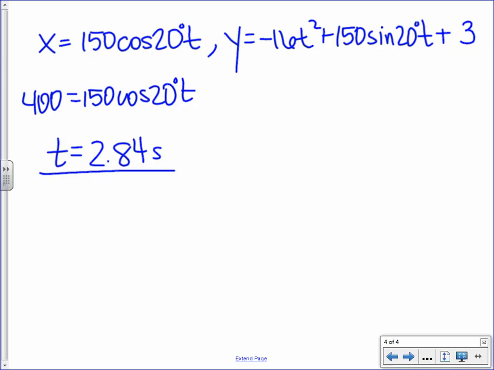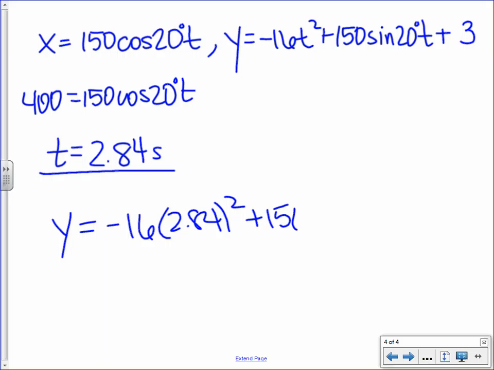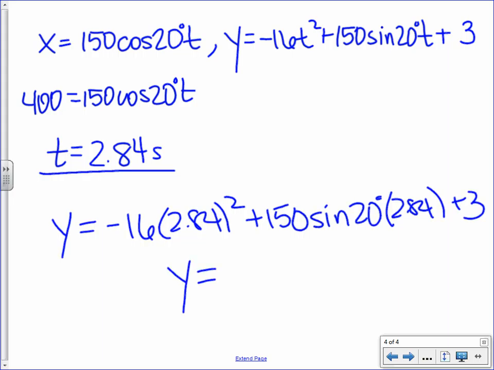So when we are 400 feet away, what is our height? .7. Okay, 400 feet away, we're at 19.7 feet. Our fence is 20 feet high. Did this ball go over the fence?